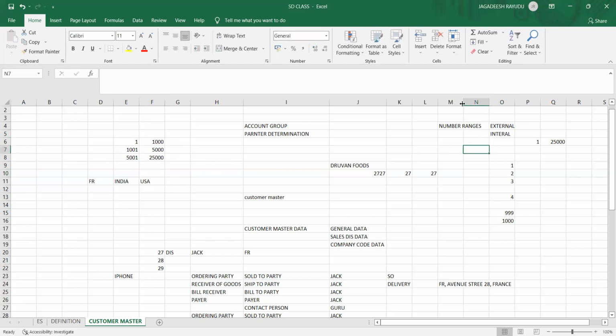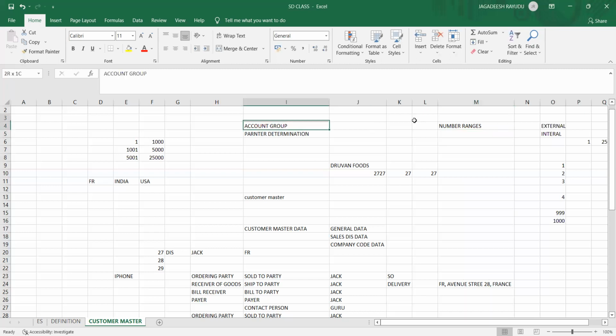You have to remember this. There is an entry question on this. And what else will account group control? Second, field selection parameters. What are these field selection parameters?